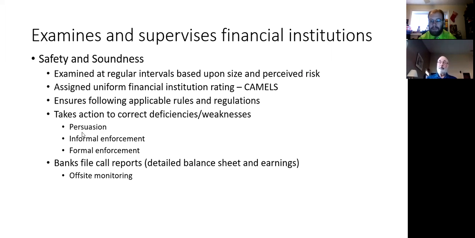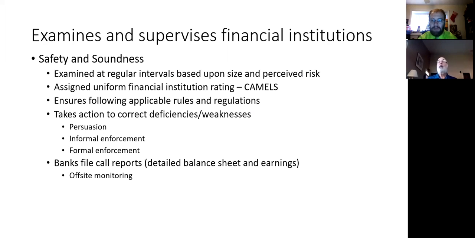If a bank is rated 3, typically instead of persuasion, the regulatory agencies will use what they call an informal enforcement action. That is either termed a memorandum of understanding or a board resolution or similar term. It's an informal agreement between the bank and the regulatory agencies, and it's confidential. It's not disclosed to the public.